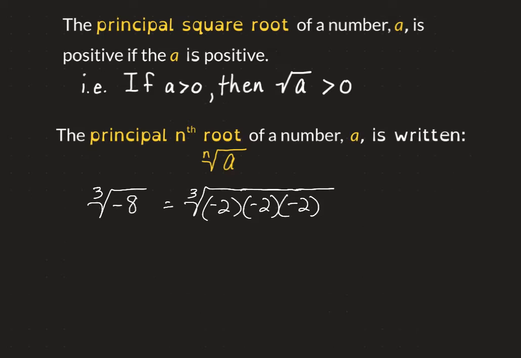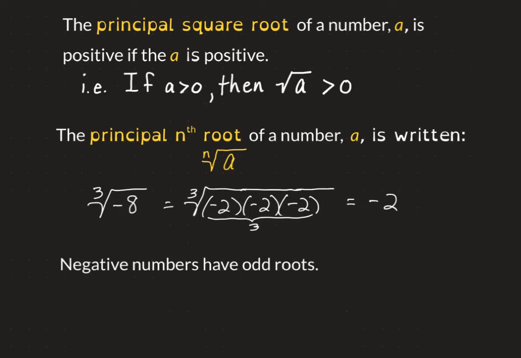And how many times does negative 2 show up? 3 times. So we can pull that negative 2 right out. The cube root of negative 8 is negative 2. Negative numbers are a little odd. They have odd roots, or rather they can have odd roots. Negative numbers do not have real even roots.